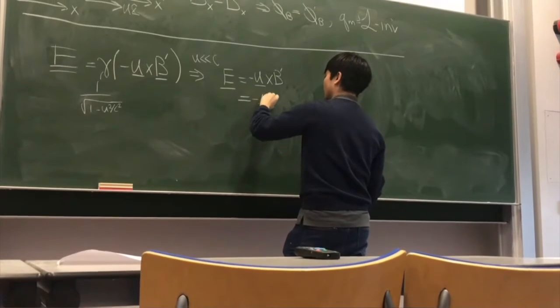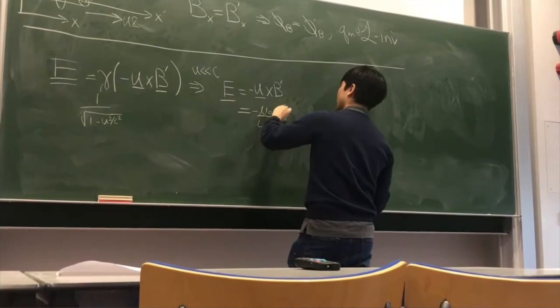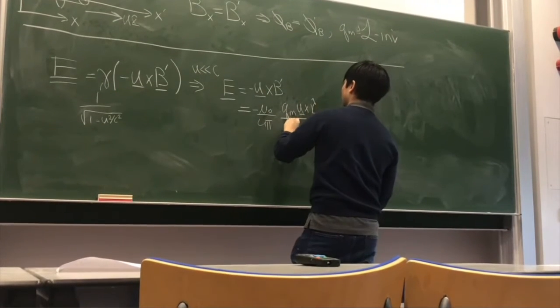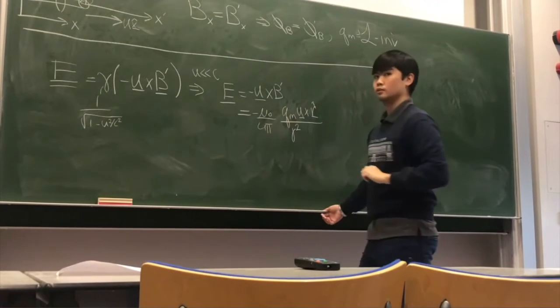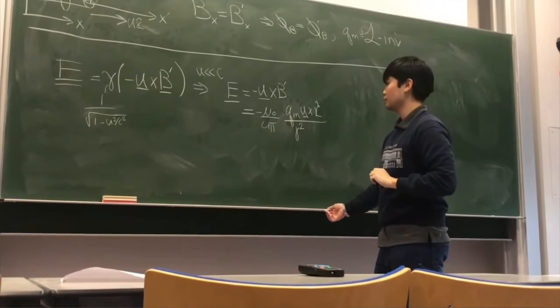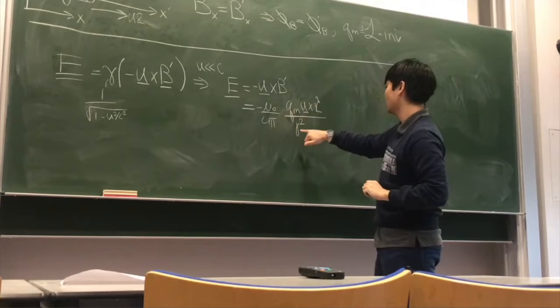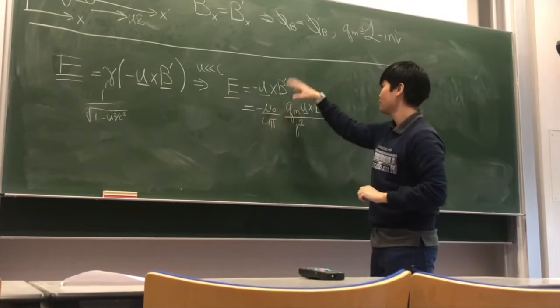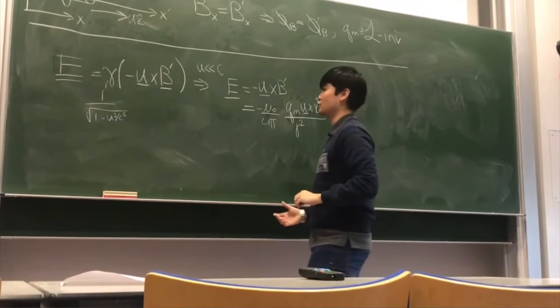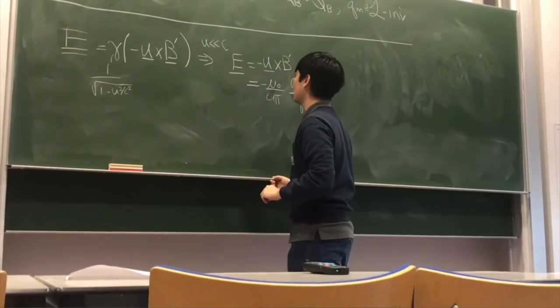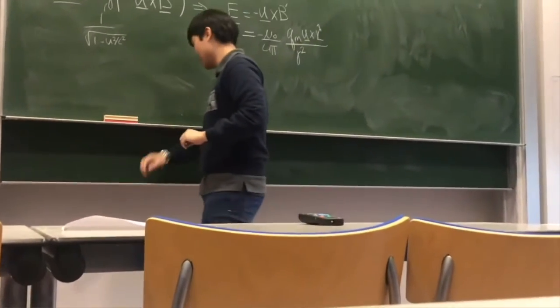Because in the Biot-Savart law, you just change this to electric charges and then change this to the E field, and then you'll get the Biot-Savart law for the magnetic monopole.